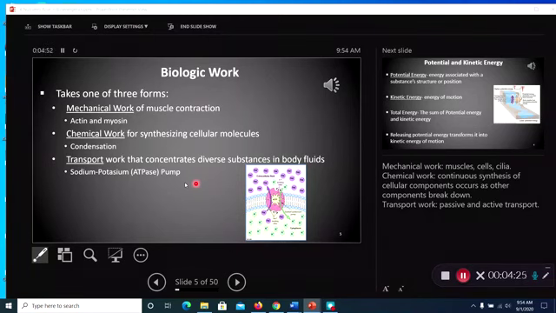For instance, to build up concentration gradients, with sodium on the outside and potassium on the inside, we have to burn ATP to establish those gradients. An example of transport work is the sodium potassium ATPase pump.